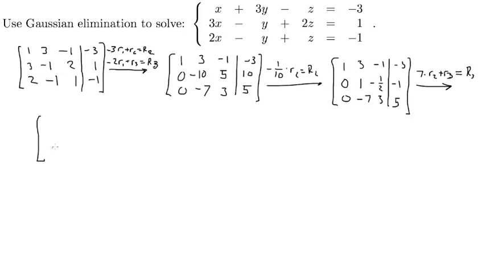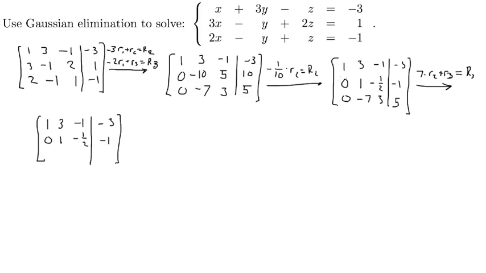So my new matrix, once again, the only thing that I actually change is row 3. So row 1 is the same. Row 2 is the same. I do multiply row 2 by 7, but I add it to row 3. So row 2 itself does not change.